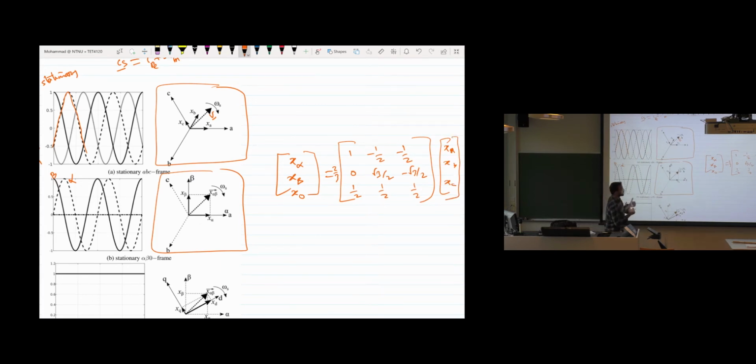So what you see is that if you have anything in a three-phase system, you can convert it into a two-phase system, and we lose no information. They are the same, equivalent.